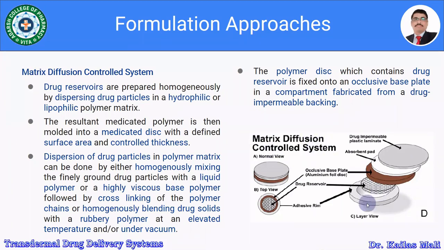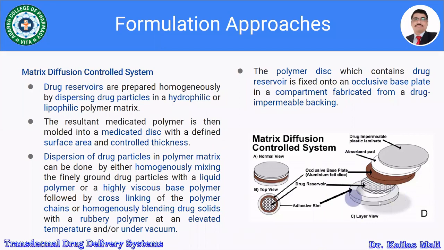Look at the figure. Here it's a drug impermeable plastic laminate. This is the absorbent pad. Then here it's an occlusive base plate, which is made up of an aluminum foil disc. Then here it's a drug reservoir. Then this is the adhesive rim.